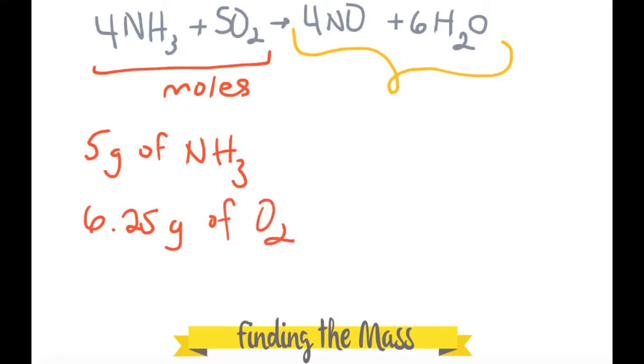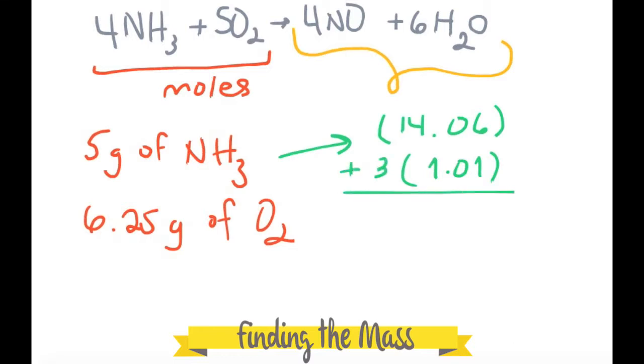So, the way we do this is that we need to find the molar mass of NH3. In order to find this, we first need to find the atomic mass of nitrogen, which is 14.06, and the atomic mass of hydrogen is 1.01. But seeing as we have 3 hydrogen atoms, we need to multiply this by 3.